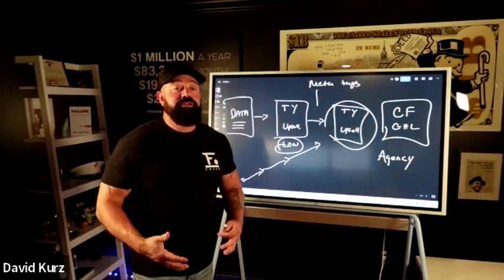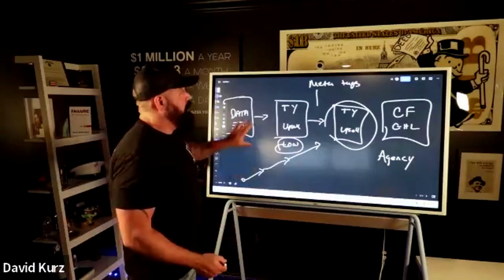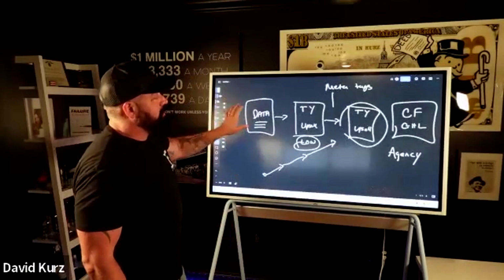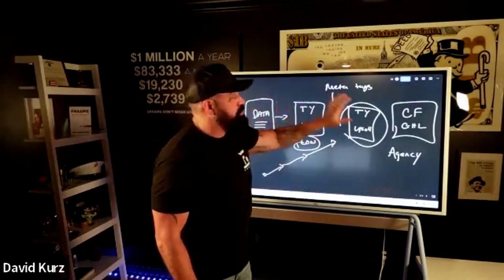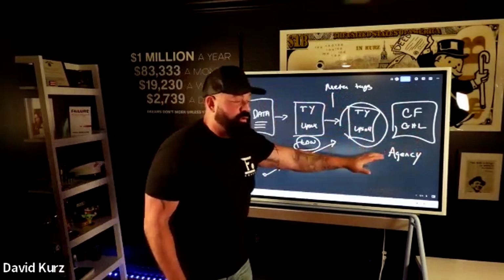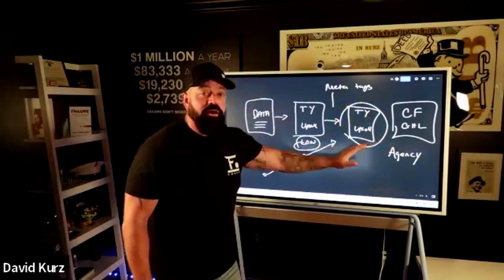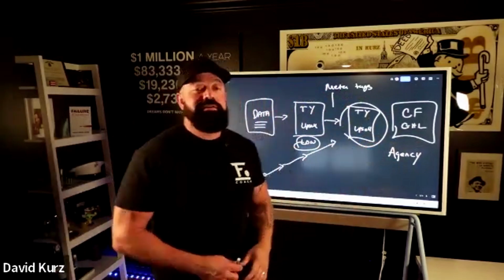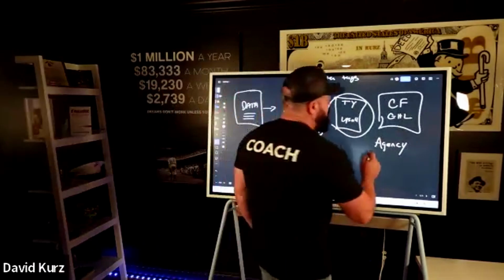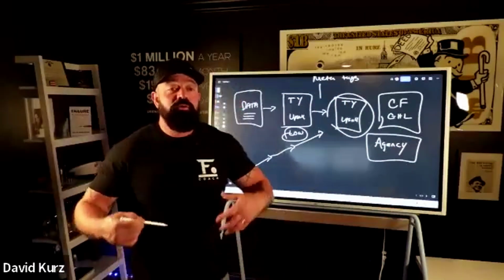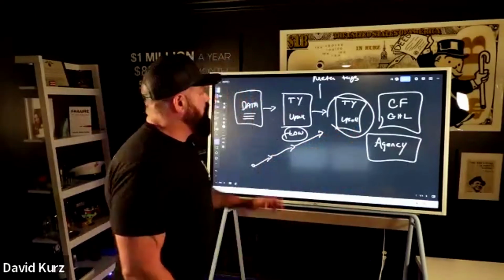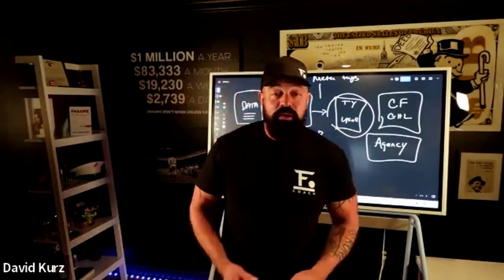And allow the agency to build the funnel, run the ads, get the brand awareness going, do the data collection, retarget people, get them to hit your landing page, try to get them to pick up your stuff or register for a consultation with you, or register for a listing presentation with you, or register to buy your bicycle, or register to upgrade the tires on the car, or whatever the case is, right? And so let the agency do the work. That's what they do, right? So I happen to own an agency, so that's how I leverage what we build out, because we have an ad agency. Through our ad agency, we're able to build all this stuff out, and we do it for our clients as well, okay?